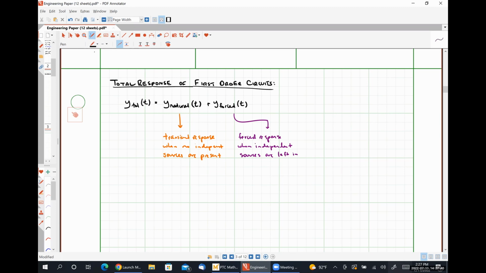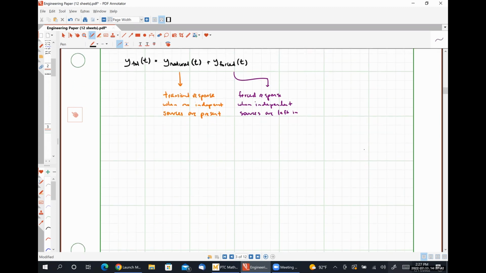So what I mean by that specifically is with an example of an RC circuit here. Let's say that we have a voltage source Vs connected to a switch, which is in turn connected to some resistor and some capacitor.